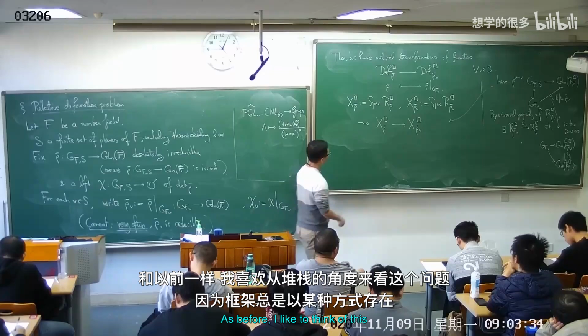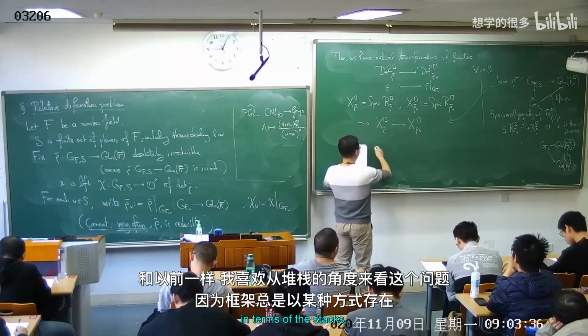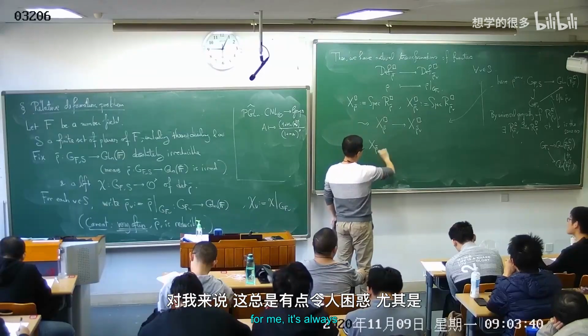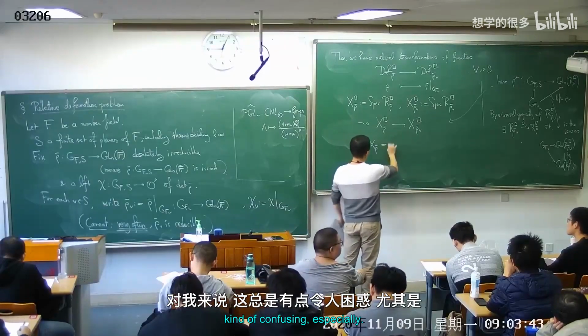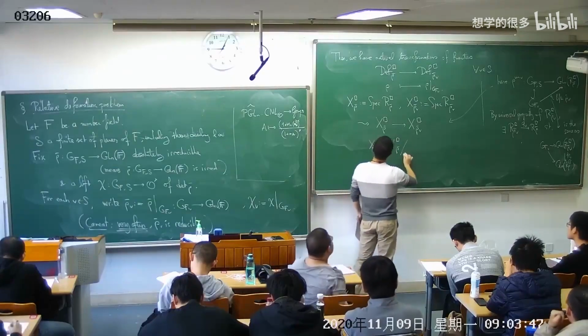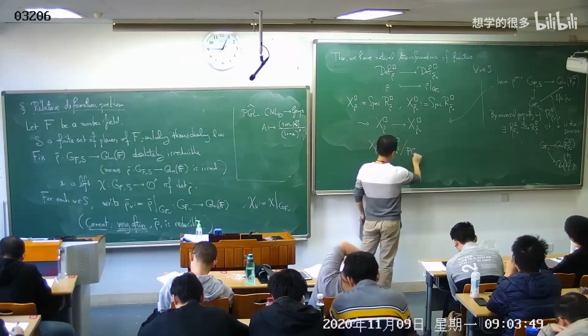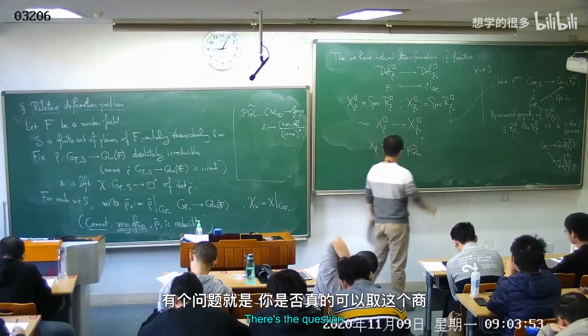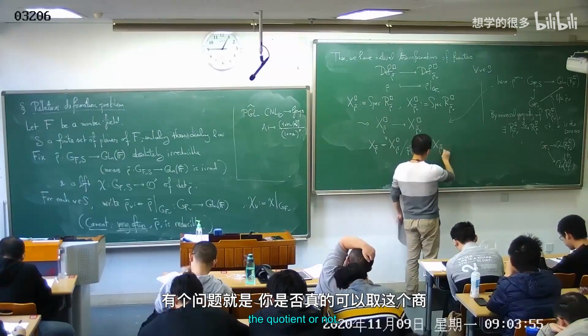As before, I like to think of this in terms of stacks, because the framing is always somehow, for me, kind of confusing, especially after I introduce the next notation. Let me put a quotation mark. There's a question of whether you can actually take the quotient or not.